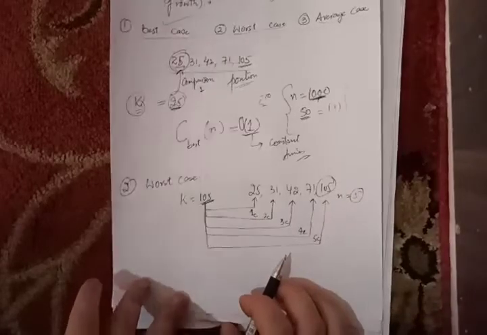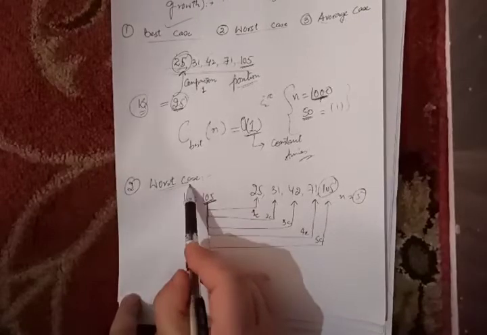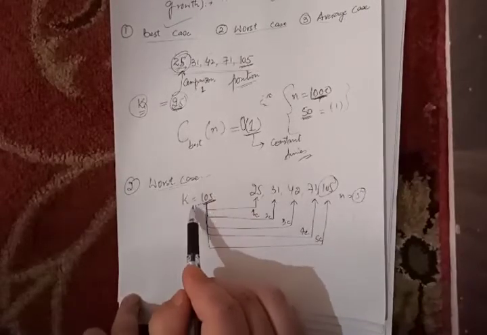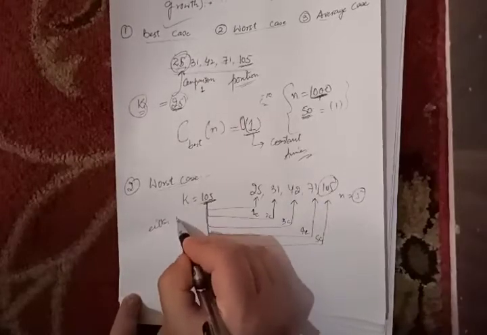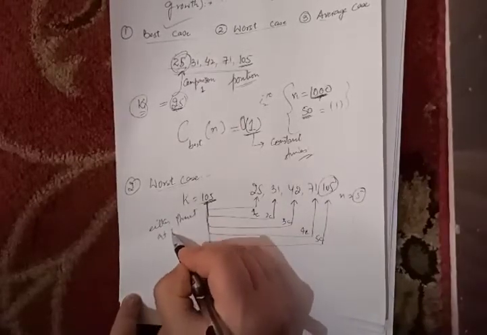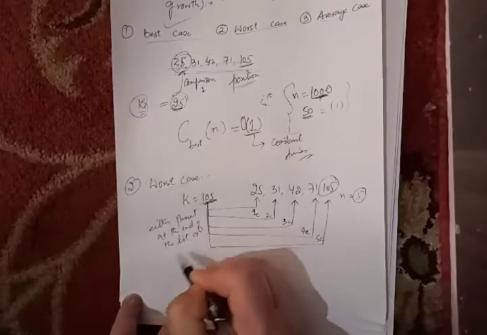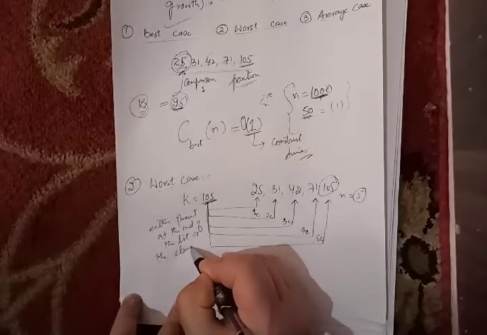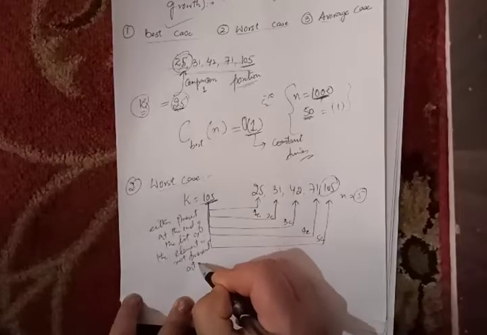Right? So I can say, and I am saying, in the worst case, the element which you want to search is either present at the end of the list or the element is not present at all.